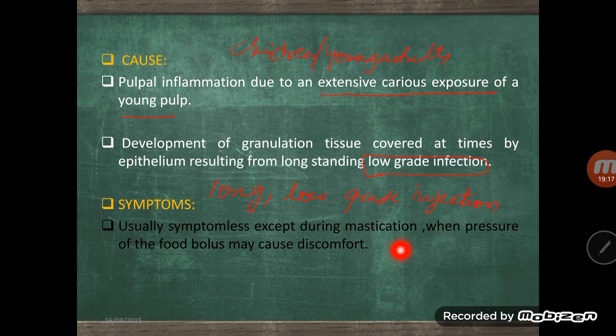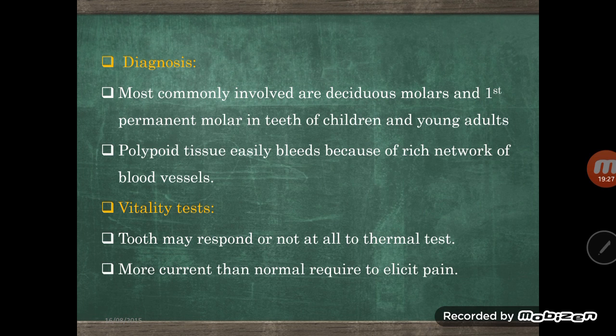It is usually symptomless, except during mastication there will be some discomfort due to the pressure applied on the pulp. The teeth most commonly involved are the deciduous molars and the first permanent molars of children and young adults. Polypoid tissue easily bleeds, so bleeding is a peculiar feature. In chronic hyperplastic pulpitis the blood vessels are very high in number, so it bleeds fast, and the nerves are very few, so it doesn't pain.